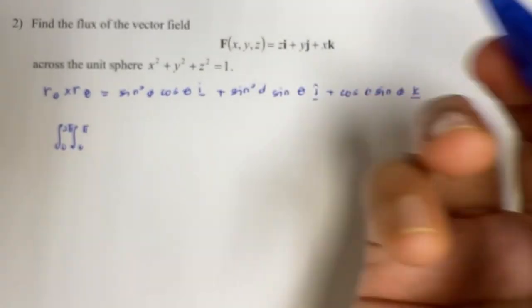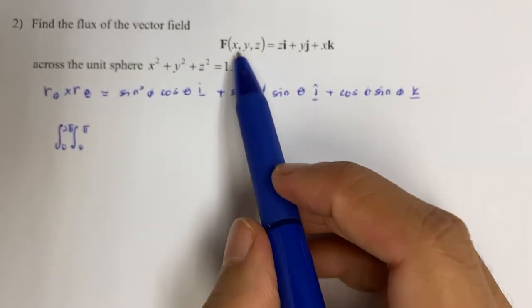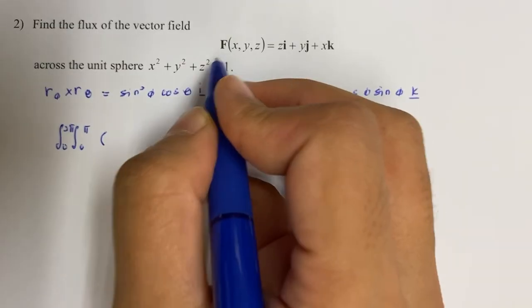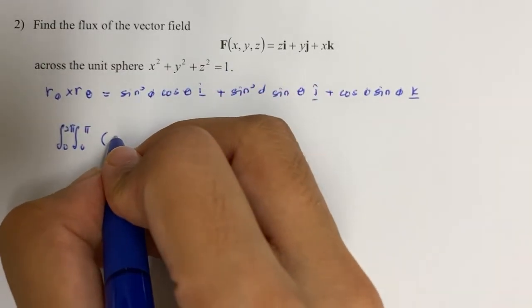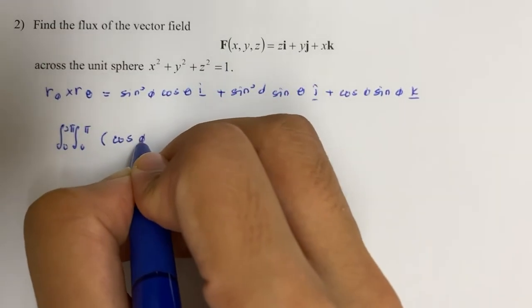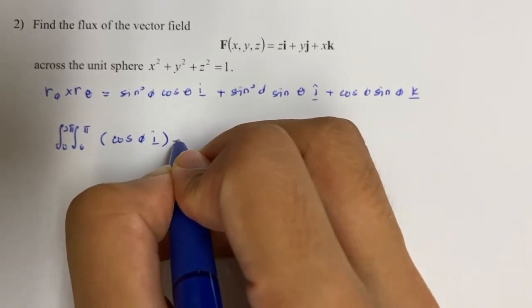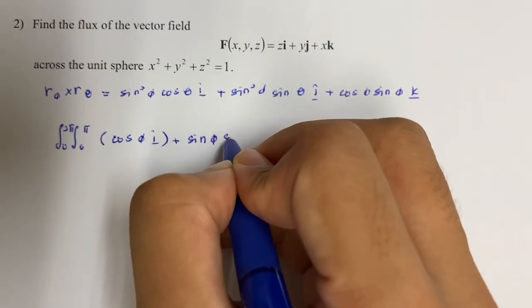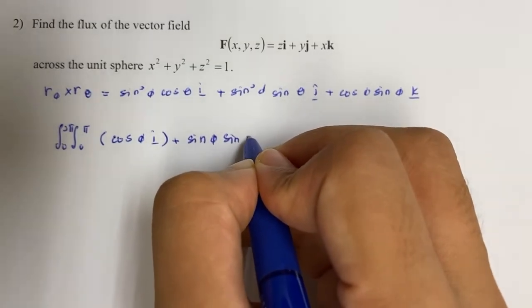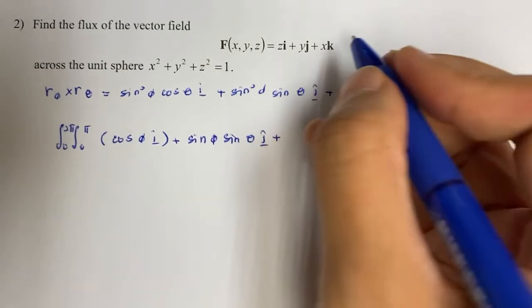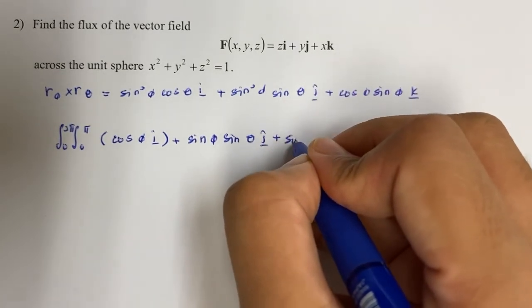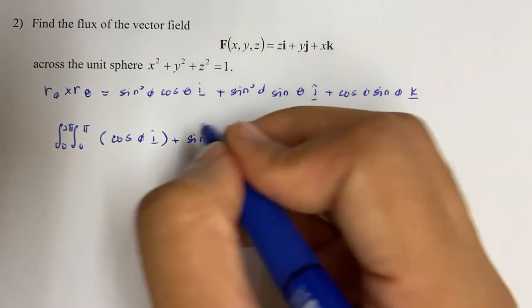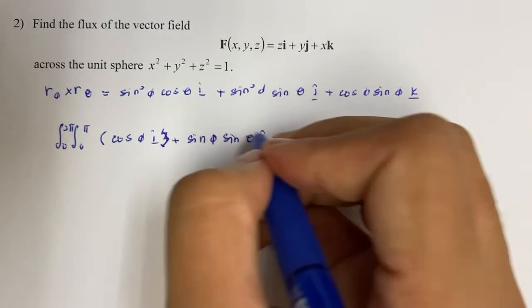And then substitute F(x,y,z). z is equal to cos phi, so F is equal to cos phi i plus y, which is sin phi sin theta, j plus xk, where x is sin phi cos theta k.